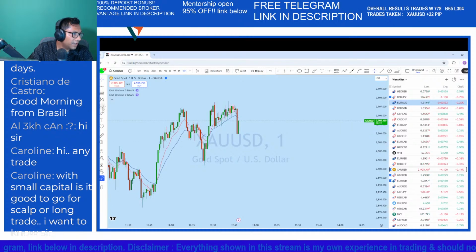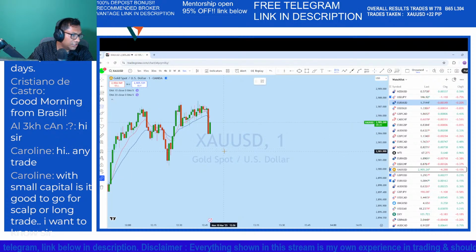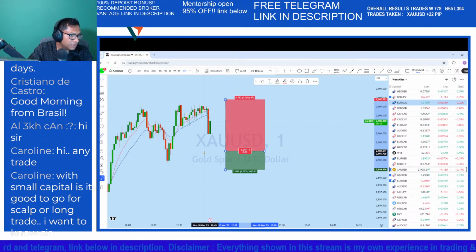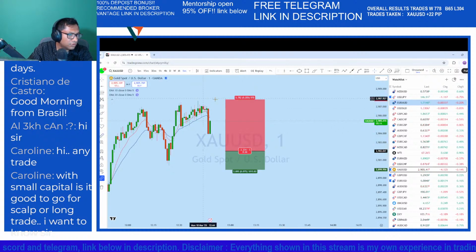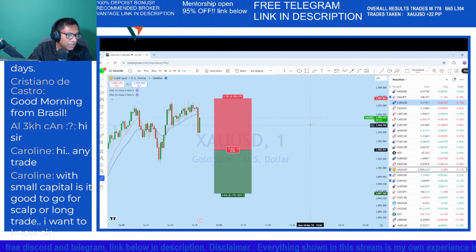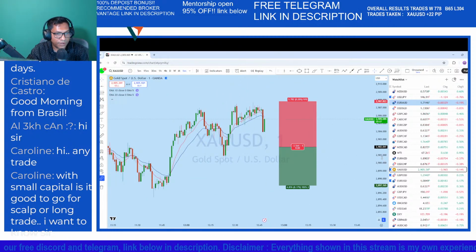Okay, so I'm going to place a sell stop, changing the sell stop here to that level, and yes, around a 60 pip stop loss, with the TP targeting that level. So new entry sell stop at 2902.04.